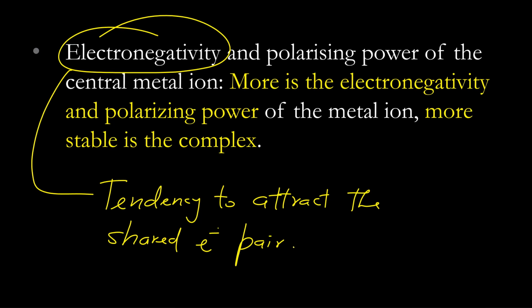So if the central metal atom is comparatively more electronegative or has greater polarizing power, in both cases it will be more stable, because of the definition. Clear? Any confusion here?